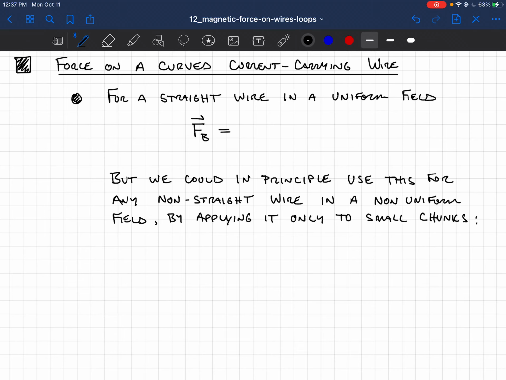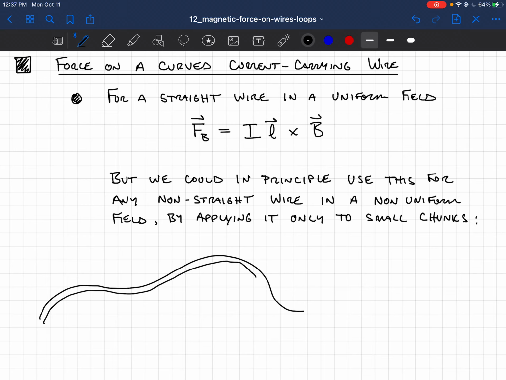So we have this equation, IL cross B, for the force of a magnetic field on a long straight wire. But we could use this for a non-straight wire. And in fact, we could use it for a non-straight wire in a non-uniform field. So here's a wire, and let's say that there's some current moving in that wire. And then we have a field which could really be anything.